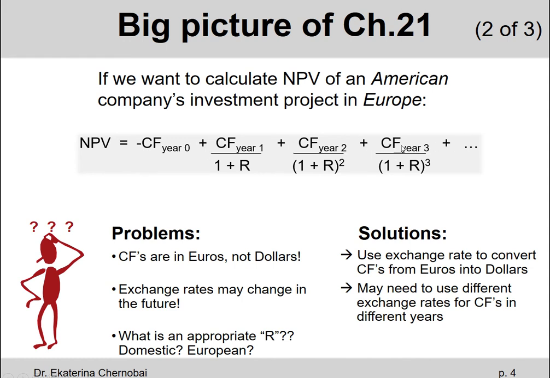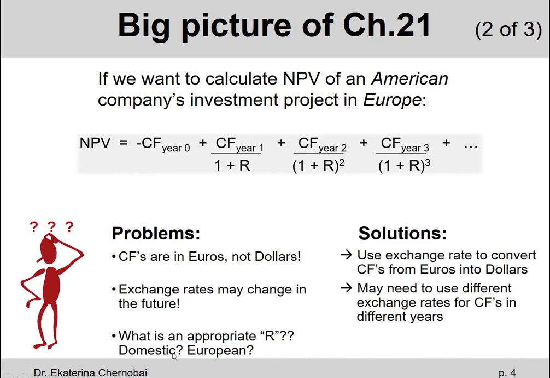And the third problem is, not only do the cash flows from an overseas project present an additional problem for the company, a similar additional problem may arise from the discount rate. Which discount rate is appropriate to use to find the NPV of this overseas project?